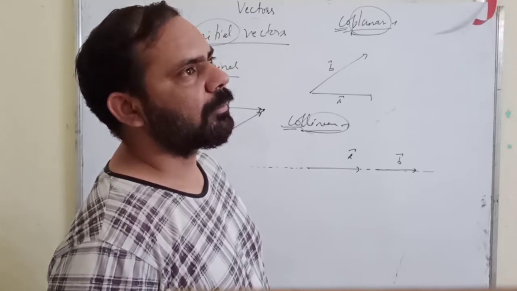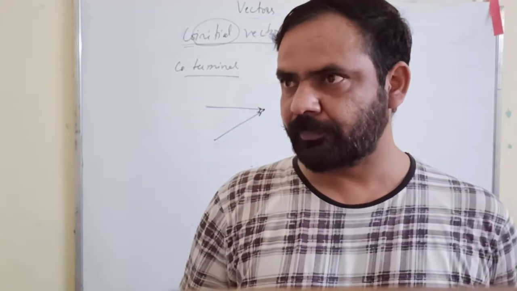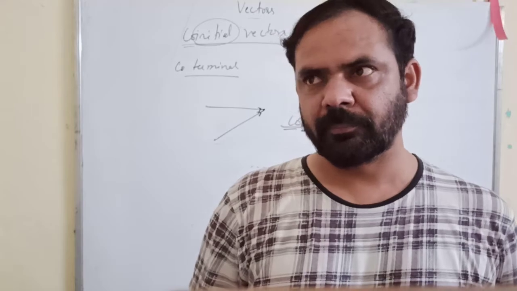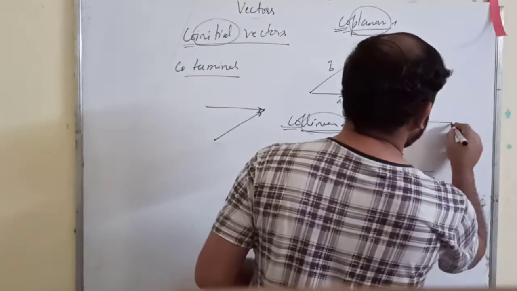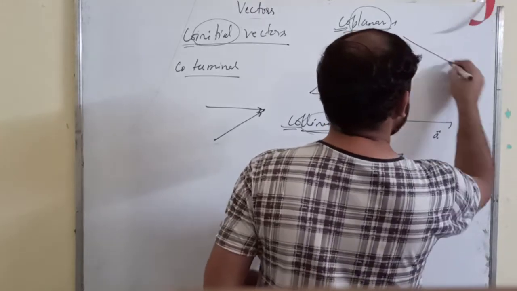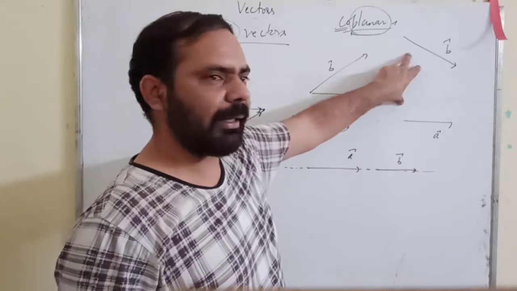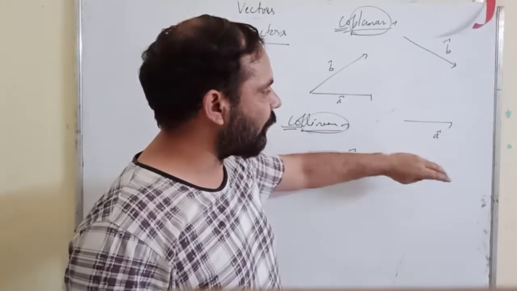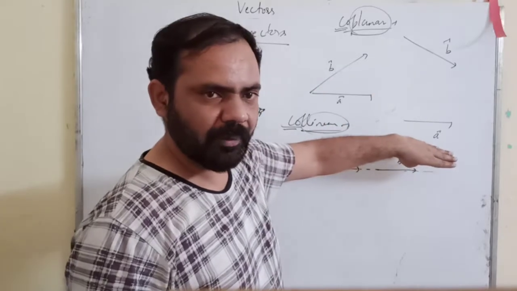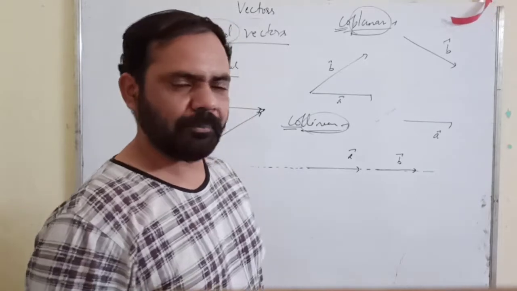For any two vectors we call them coplanar vectors, when they are co-initial vectors also? No, not necessary. This is one vector and this is another vector. You can see that I can draw both of them on a board. The plane of the board can pass through both the vectors, so they both are coplanar, but they are not co-initial.